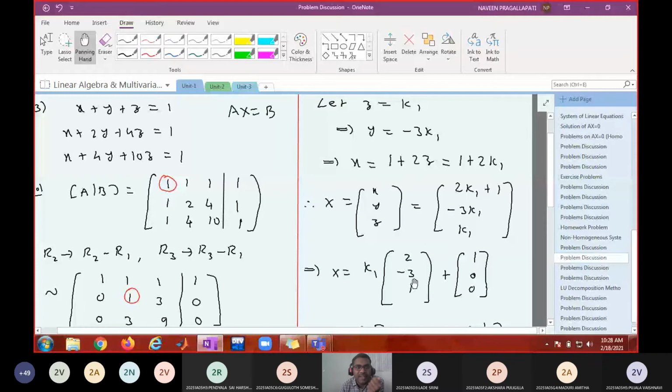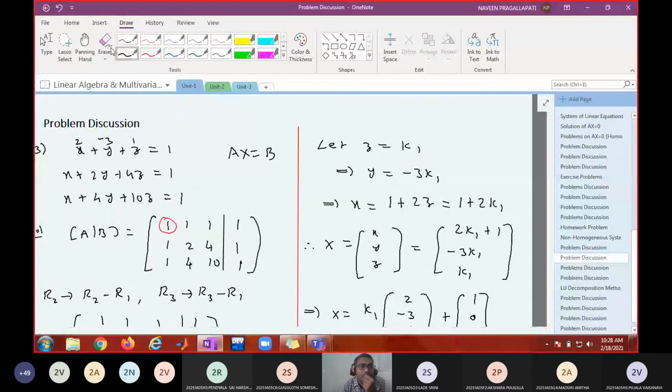Substitute 2, minus 3, 1 here. What are you getting? 0. Second equation getting a 0. Third equation getting a 0.